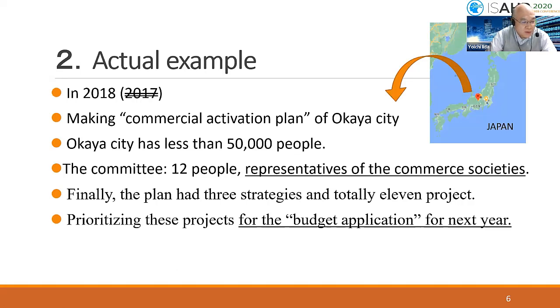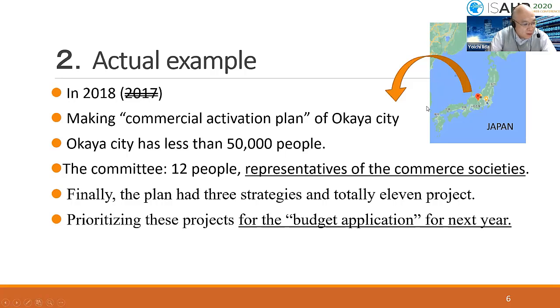In 2018, not 2017, I became a member of the committee to make a commerce activation plan in Okaya City. Okaya City is a small city of population 50,000 in the middle of Japan.